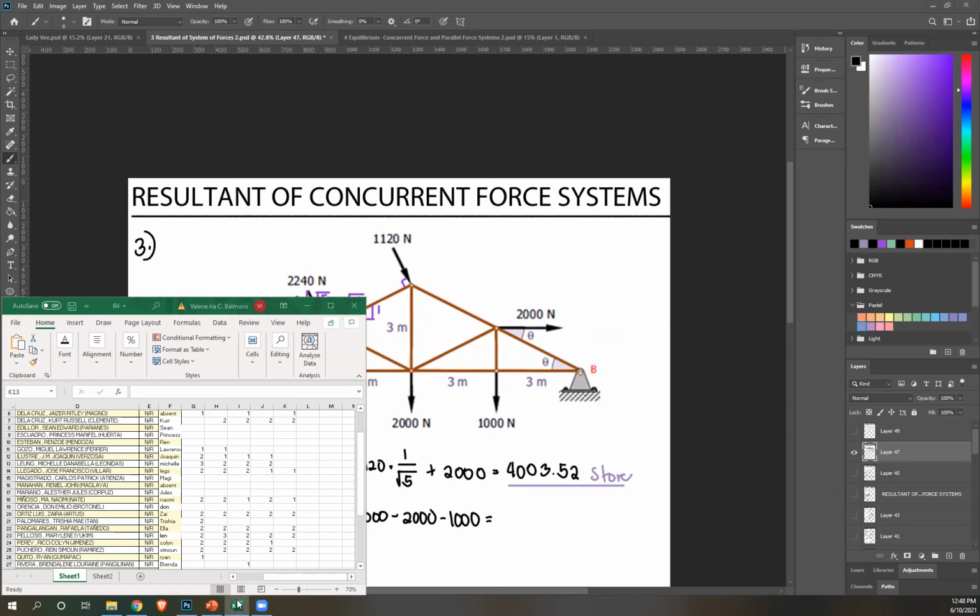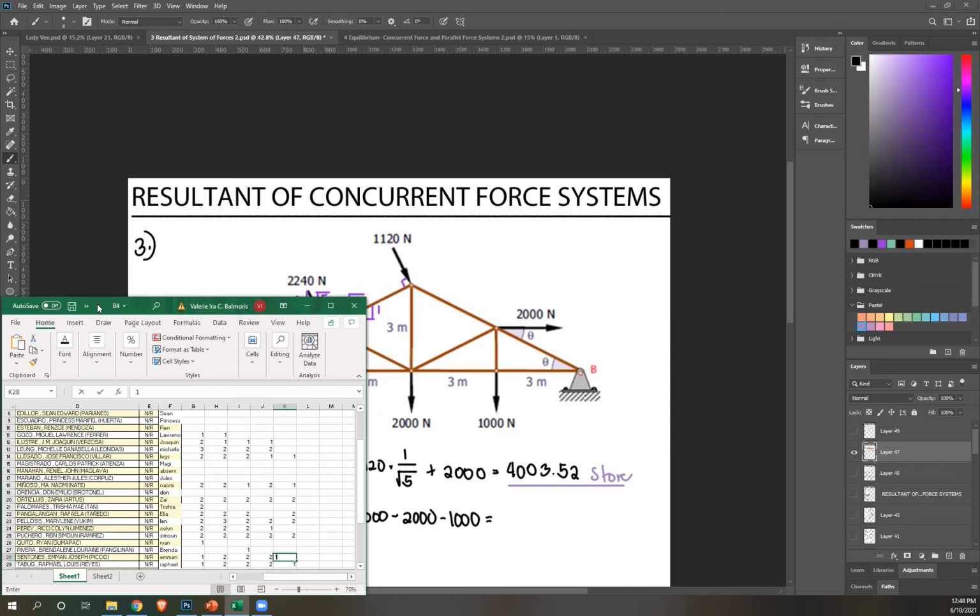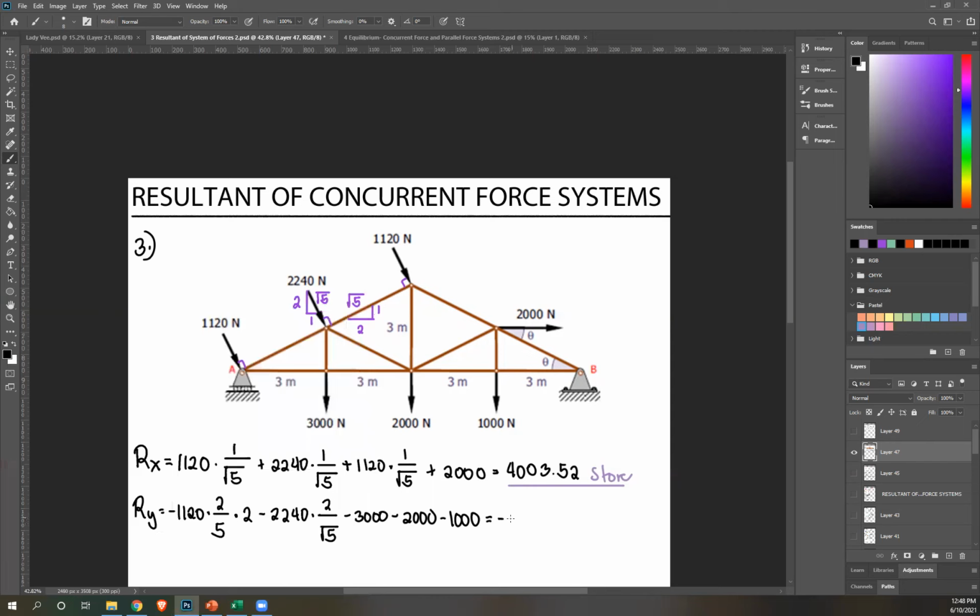Correct, Eman. It's negative 10,007.03 and store. Okay. What did I put? Why is your answer different? This is square root of 5. That's probably why the others are wrong.